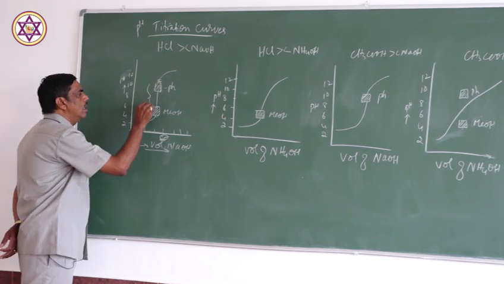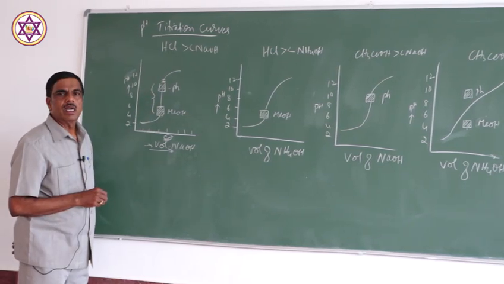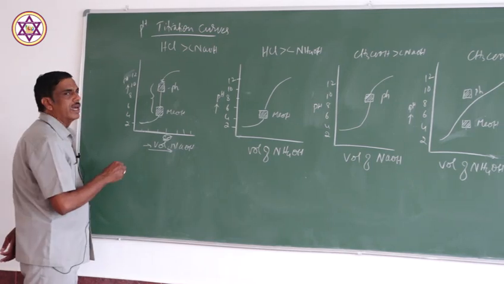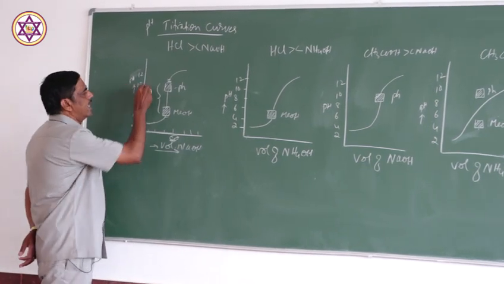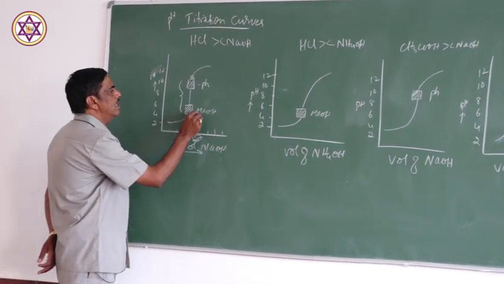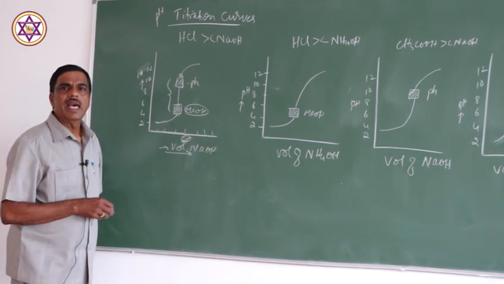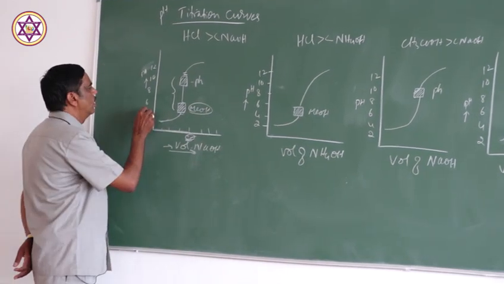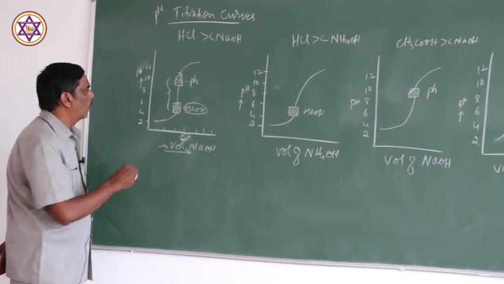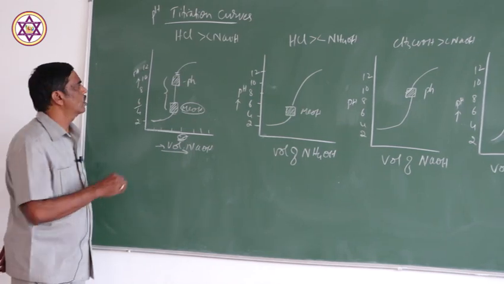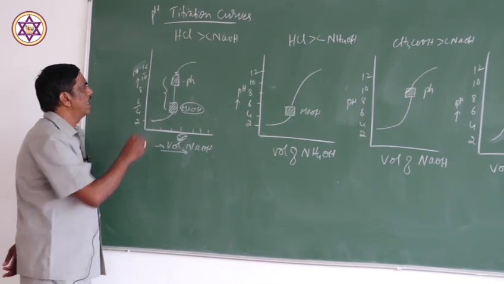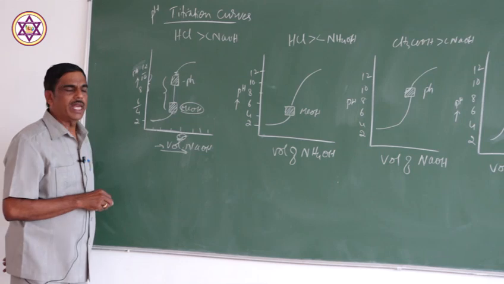Therefore, there is a long range of pH change at the end point of the reaction, and we have several indicators in this range. Methyl orange has a pH range of 3.2 to 4.5, and phenolphthalein has a range between 8 to 10.